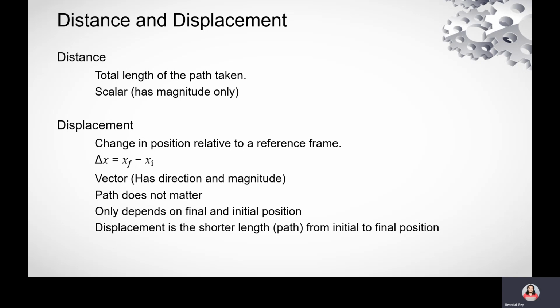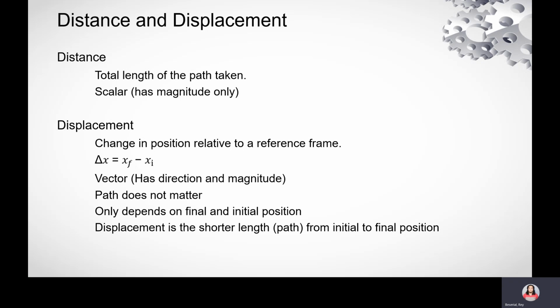Pag-usapan natin anong pinagkaibahan or what is the difference between the distance and displacement. So yung distance, ito yung total length of path taken or yung total distance travel natin. Yun nga, length, since distance yung pinag-usapan natin. So, yung distance is a scalar quantity which has a magnitude only.